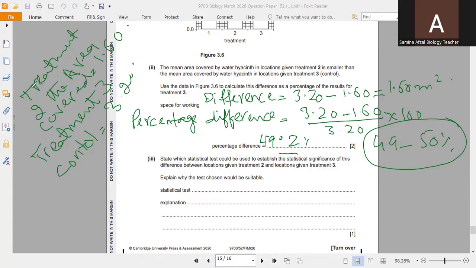The next question is: state which statistical test could be used to establish the statistical significance of this difference between locations given treatment 2 and locations given treatment 3. Which test in biology do we use? That is the t-test. I'm going to write the Student's t-test.